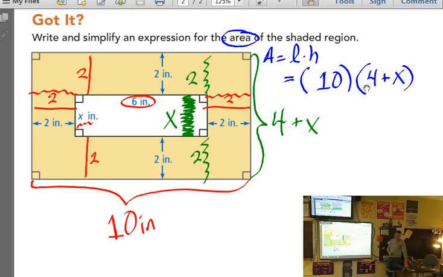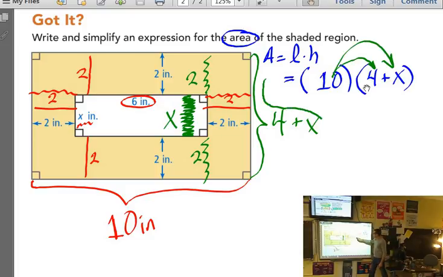Now what do I need to do? Casey, what do I need to do? I have this single number up against these 2 values. How so? That special multiplication, what do we do? Distribute this multiplication.